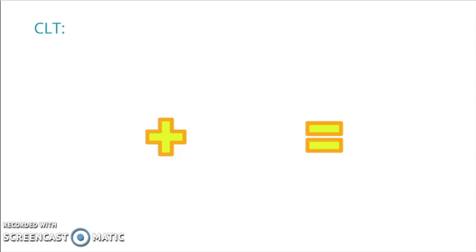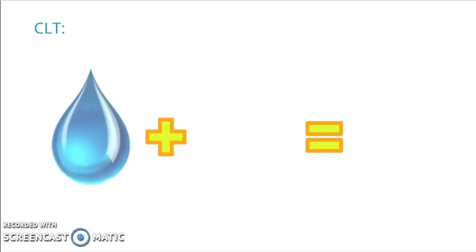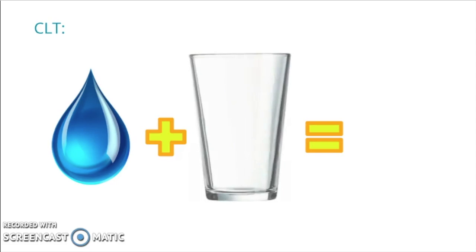Moving back to CLT, with regards to communication, we have a drop of water. And so this drop of water is going to represent the droplets of vocabulary and verbs and sentence structure, and how do you form a question and how do you form an answer. And so those are going to be all droplets of knowledge that these kids are going to get and put into a structure.